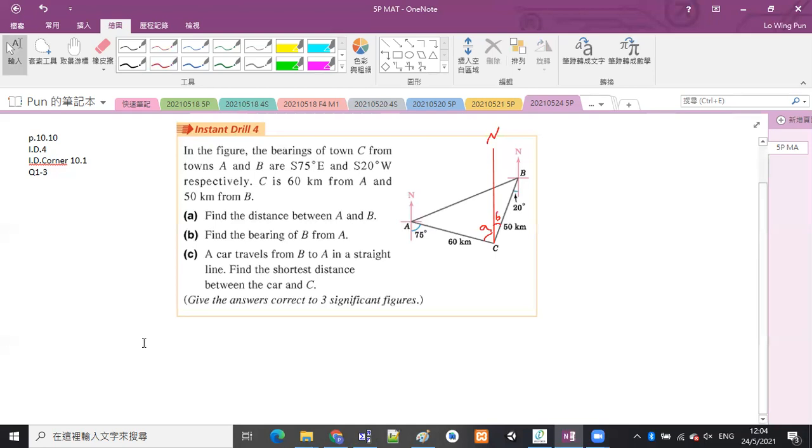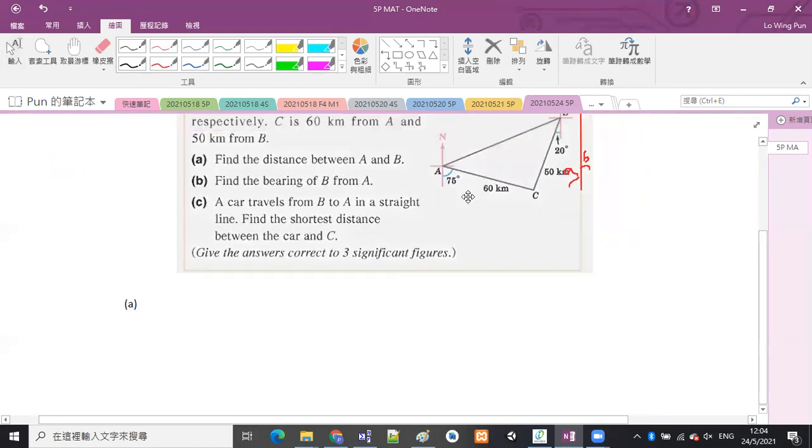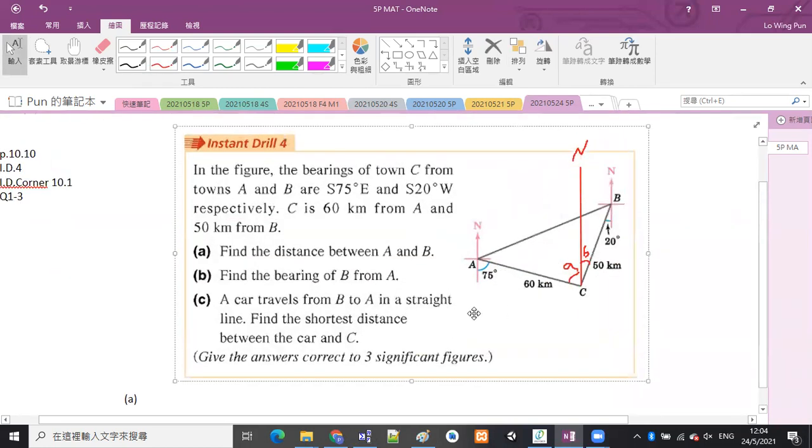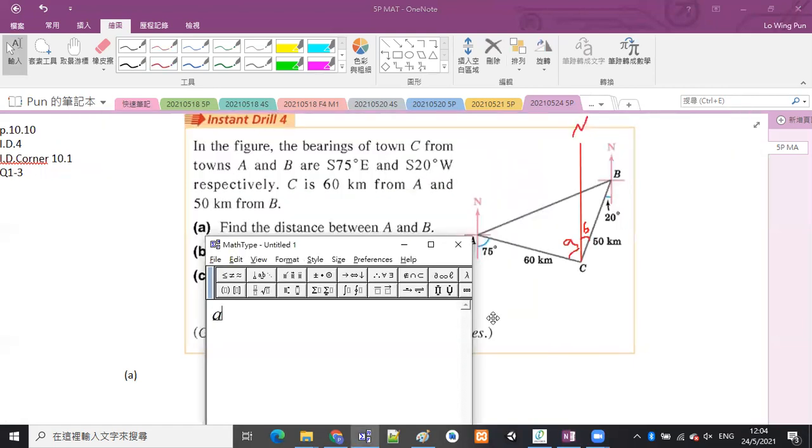So let us do this. Part A. a is equal to 75 degrees, and b is equal to 20 degrees, and then angle ACB will be 75 degrees plus 20 degrees.